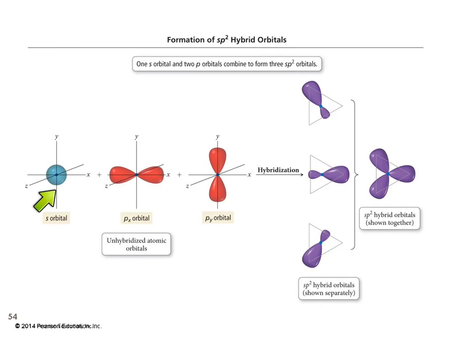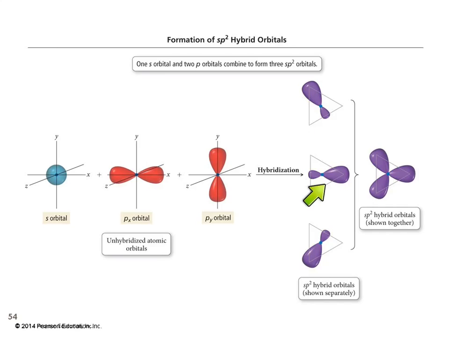So now we're taking the s and 2 p's and we're mashing them together because these are all complicated mathematical functions, and so you can average them together and come up with another mathematical function that you can graph using a computer. And so this is what you end up with. You end up with 3 degenerate orbitals. They have a very similar shape. They've got a small lobe and a large lobe and a node at the nucleus.